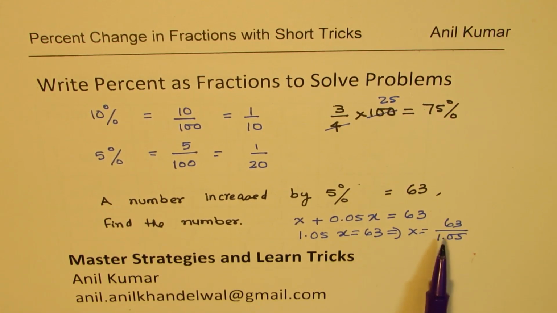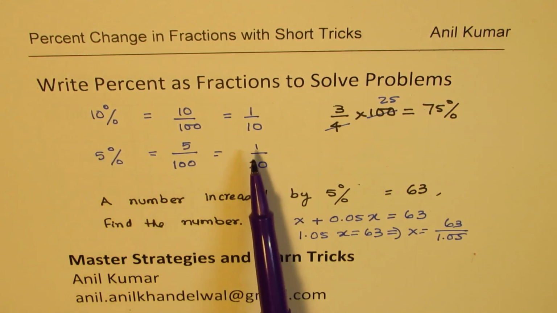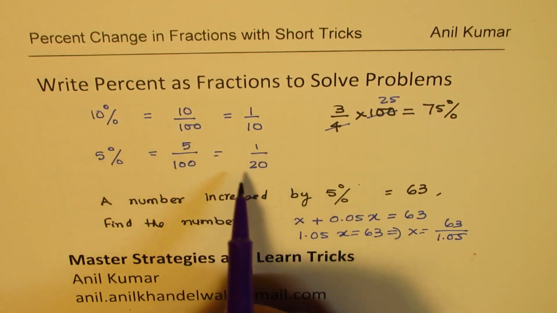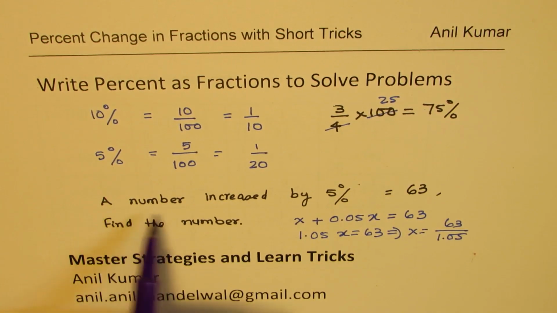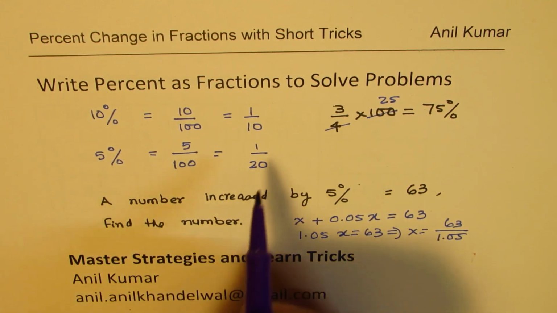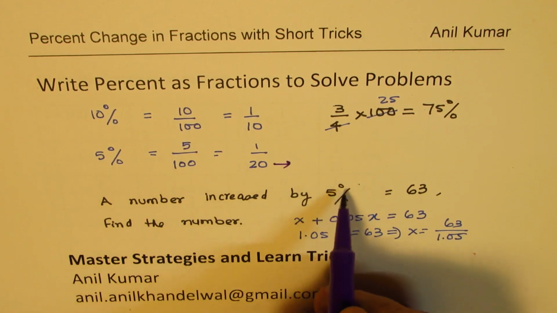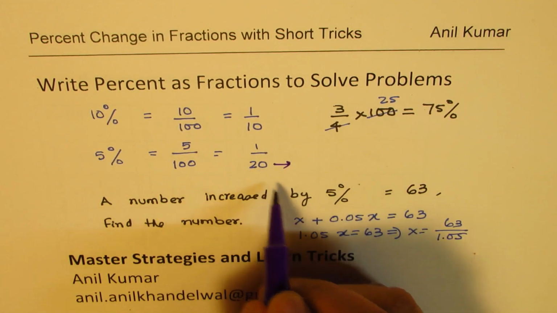Now if I convert 5% to a fraction, 5% is 1 over 20. What I'm saying here is that 5% of 20 is 1, right? So when I say a number increased by 5%, if the number is 20, increased by 5% means 1 more for 20.